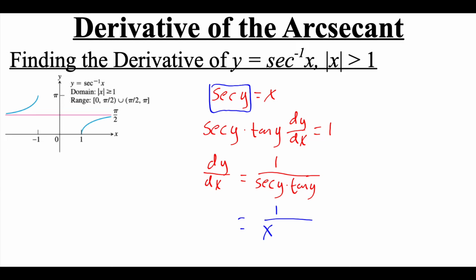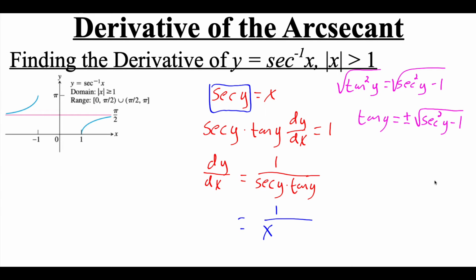There is a Pythagorean identity that says tangent squared of your variable is equal to the secant squared of that variable minus 1. So if I want to solve to get the tangent alone, I would have to square root both sides. So I get the tangent of y equals, on the right hand side, when we square root that, it's got to be plus or minus the square root of the secant squared of y minus 1.